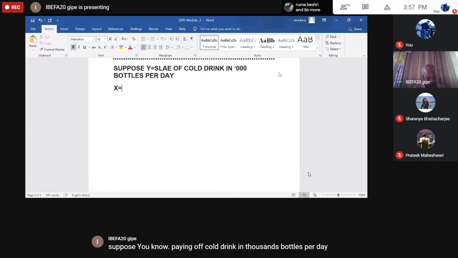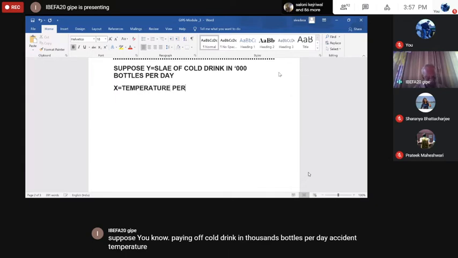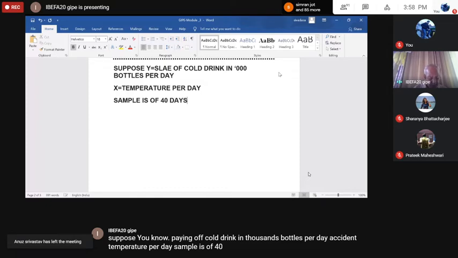X denotes temperature per day. The sample is of 40 days of X values.